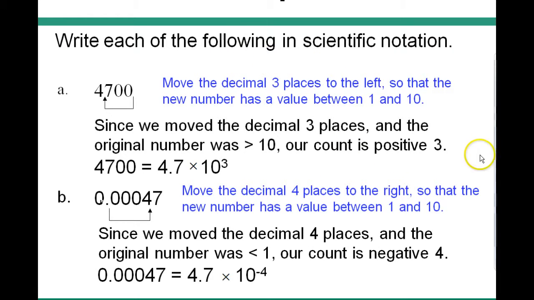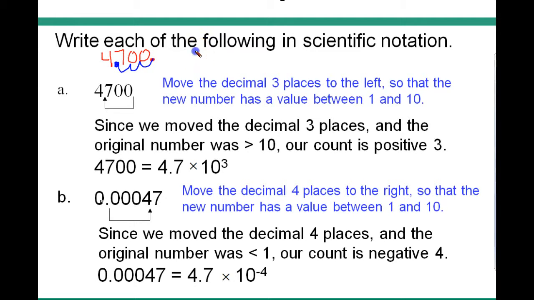So what they said is if you have a number like 4700, there is a decimal point right there. Step 1 is you want to put this number to make it a number between 1 and 10. And we do so by moving the decimal point 1, 2, 3 places.